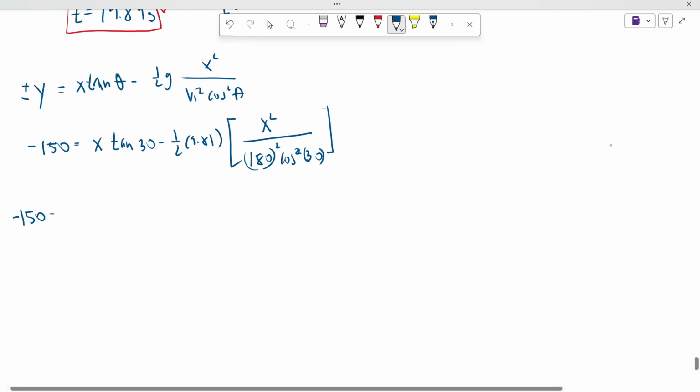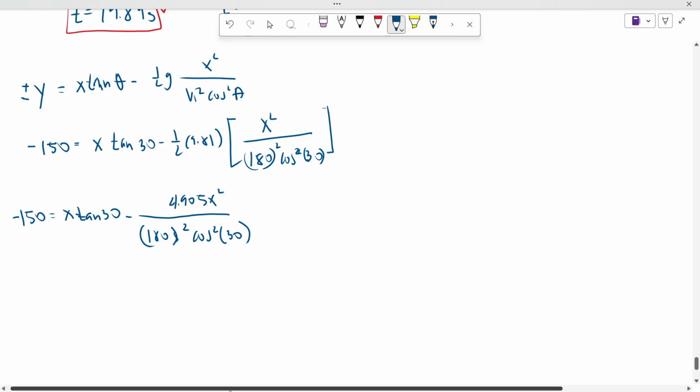Negative 150 is equals to x tangent of 30 minus 4.905. 1 half multiplied by 9.81 is 4.905 yan, di ba? So, 180 squared cosine squared 30. Gets?